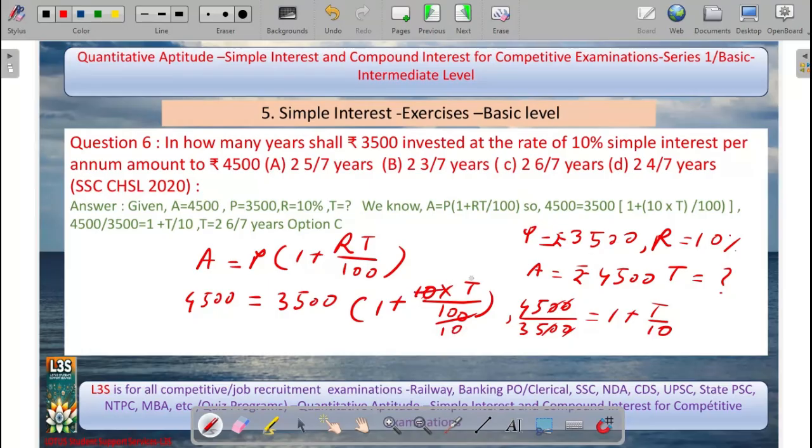This will be cancelled. So 45 by 35, that is equal to 9 by 7, is equal to 1 plus T by 10.